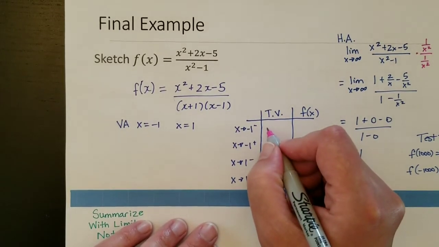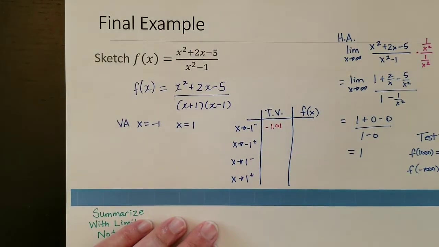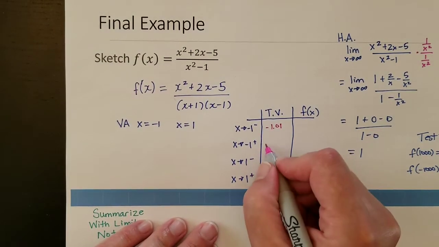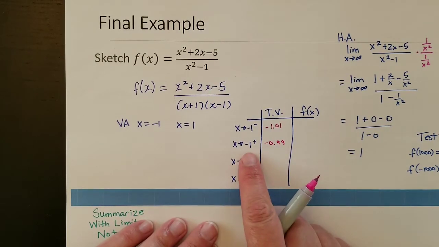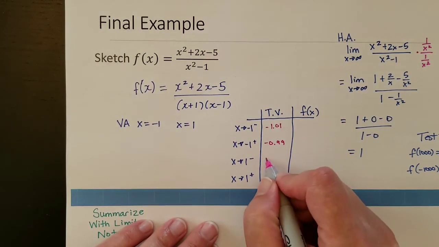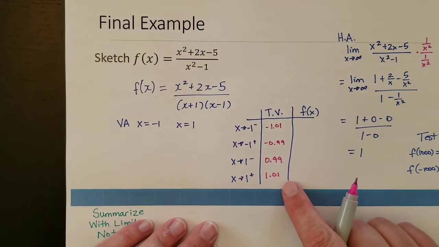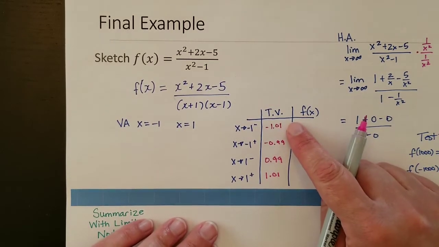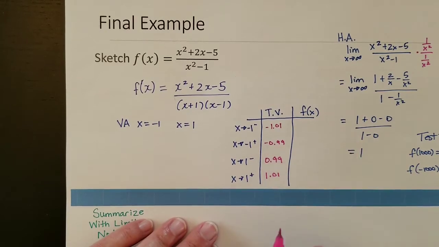So here I might do a test value of -1.01 to find something on the left, and -0.99 to find something on the right of the -1, and then 0.99 and 1.01. Again, be careful here thinking about left and right of negative numbers on a number line. I know that sounds obvious, but I have seen people make mistakes with that.